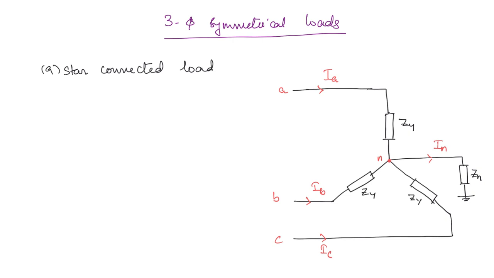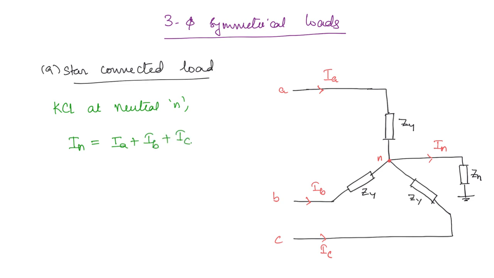Now if you apply KCL at the neutral point, KCL at neutral N gives you IN equal to IA plus IB plus IC. In a balanced system, IN is 0, because all of the currents add up to 0. But in an unbalanced system, IN will not be equal to 0.